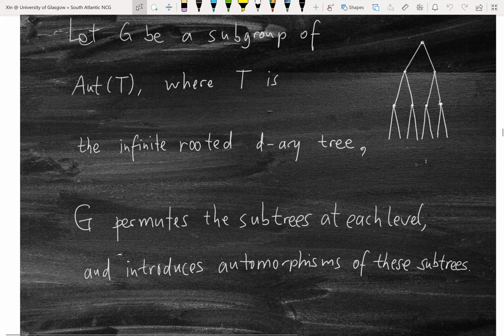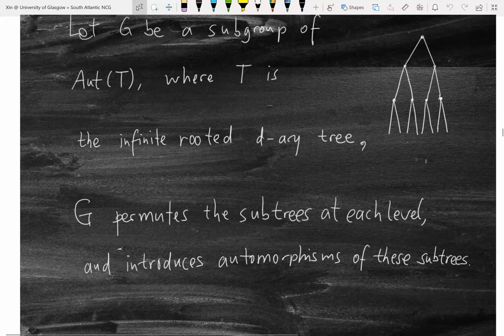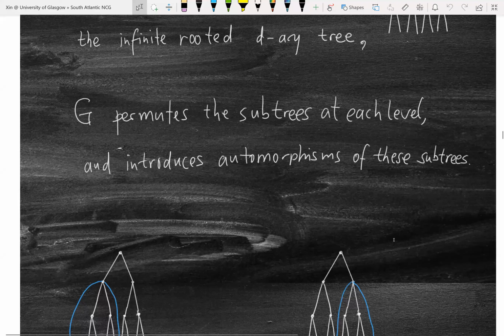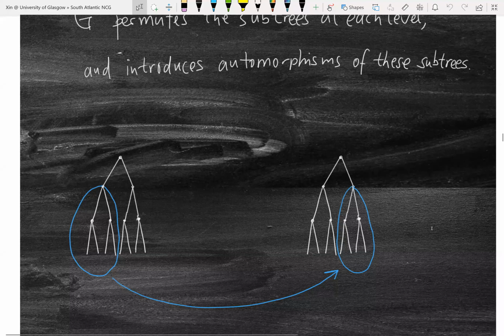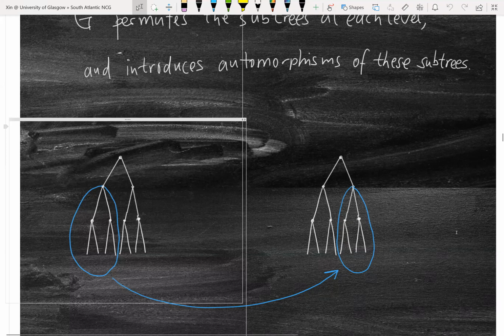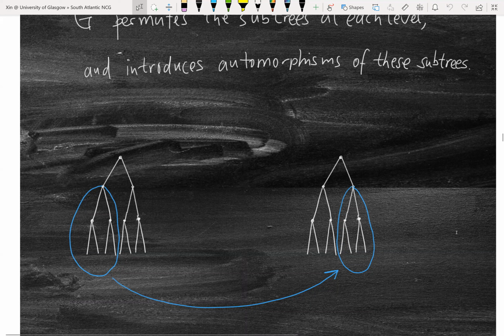Maybe with a picture. For instance, if you have a subtree at level 1, then it has to be sent to another subtree of level 1. In this case, there are only 2 choices. Say, for instance, this one is going to this other blue one. So you get an automorphism of these subtrees.